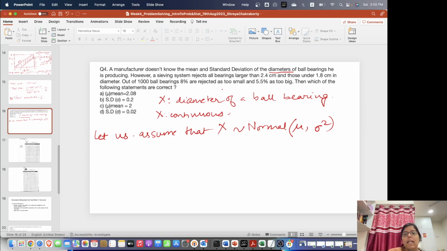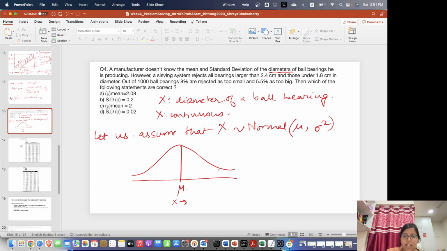Alright, now if x follows a normal mu and sigma square, we'll have a bell curve like this, where this will be some mu. Now, the sieving system rejects bearings if x is larger than 2.4 centimeters.